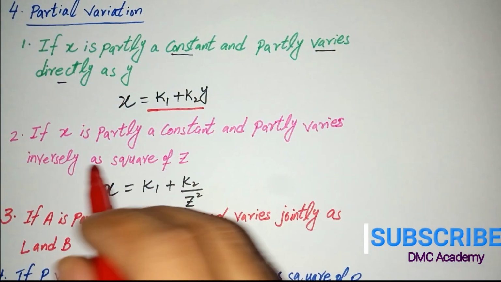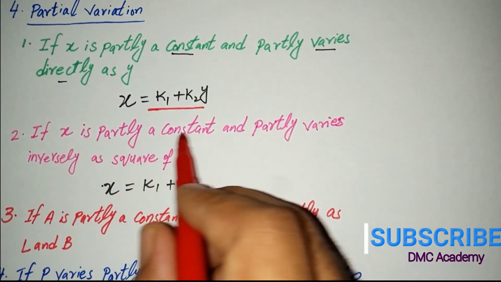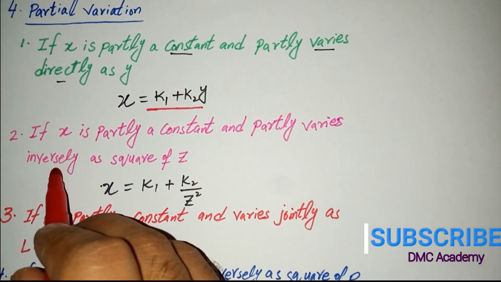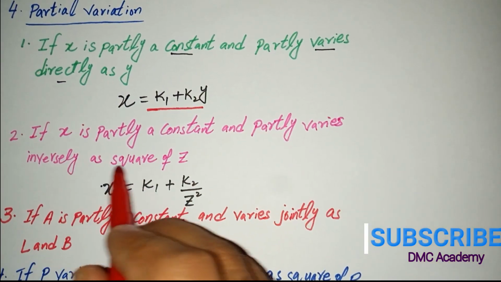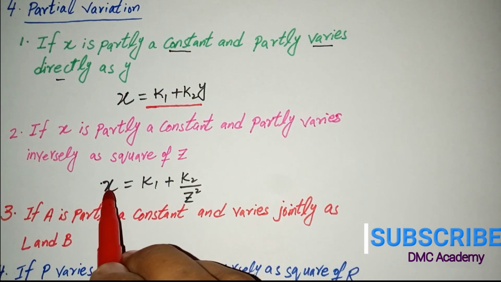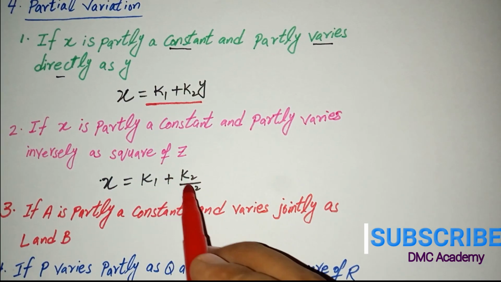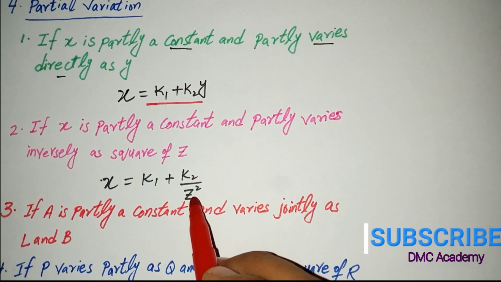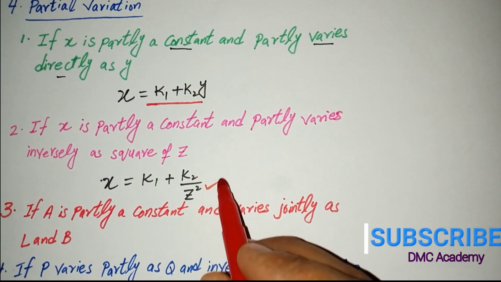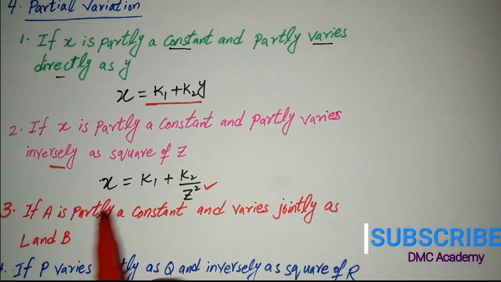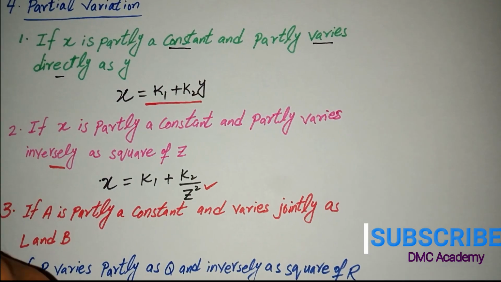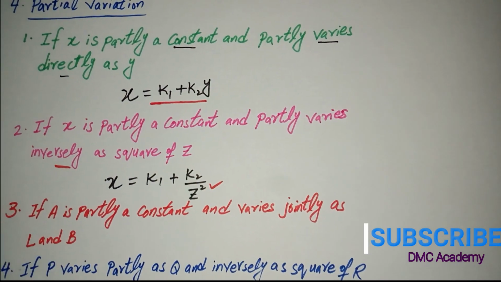Let us see another example. If x is partly a constant and partly varies inversely as the square of z, then in this case x equals k1 plus k2 divided by z square, because this one is inversely, that's why it will be written downside. Let us see the next one now.